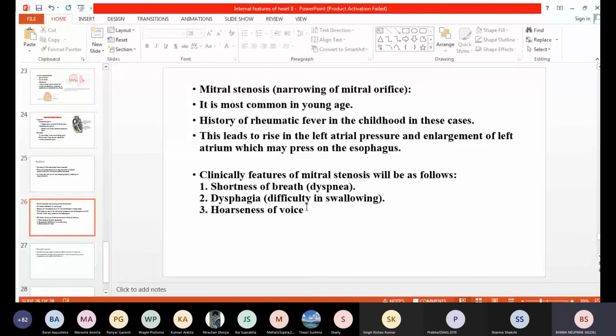If there is narrowing of the aortic opening, blood accumulates in the left ventricle, and finally it will cause dilatation and hypertrophy of the left ventricle. This also leads to low cardiac output and fainting. That is aortic stenosis.